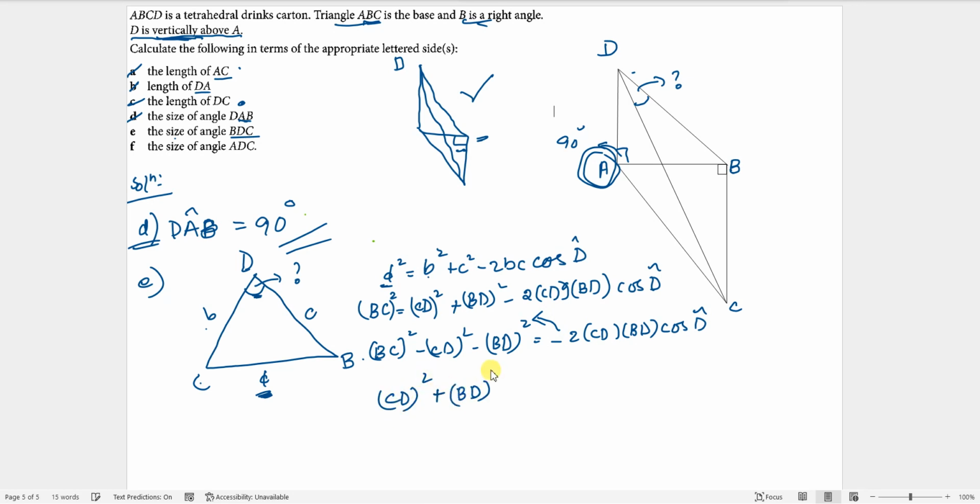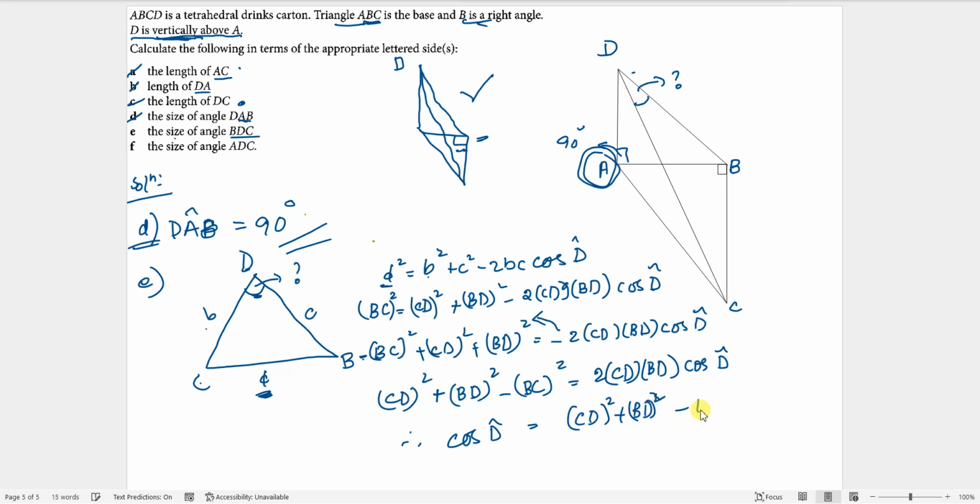If you take to the other side, this one becomes positive, this one becomes positive, this one becomes negative. Therefore, cos angle D is equals to CD square plus BD square minus BC square divided by, you bring this whole thing down, 2 CD BD.